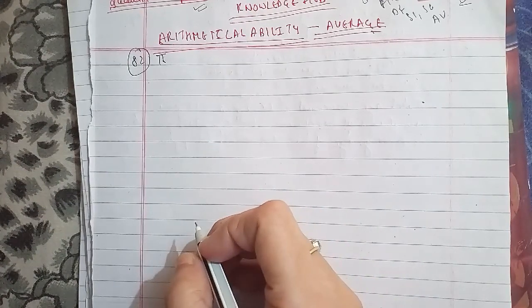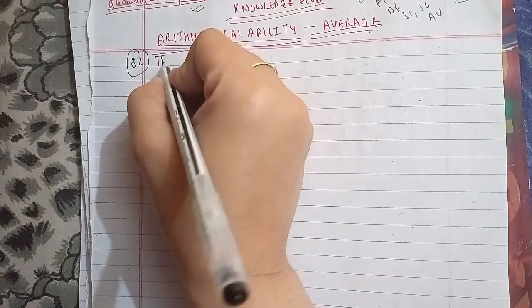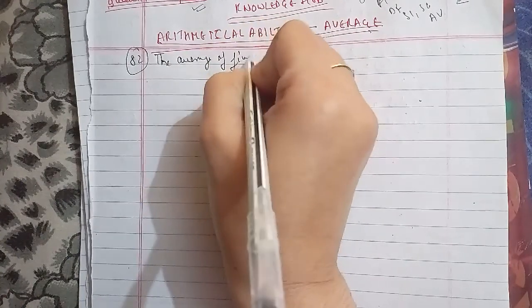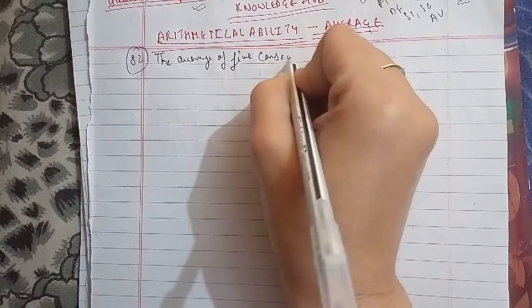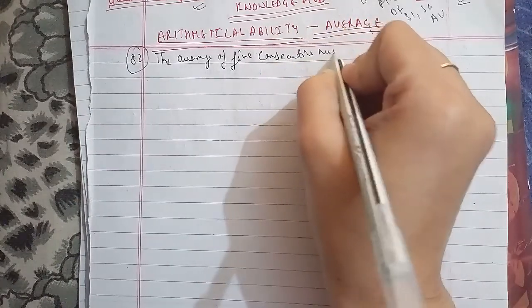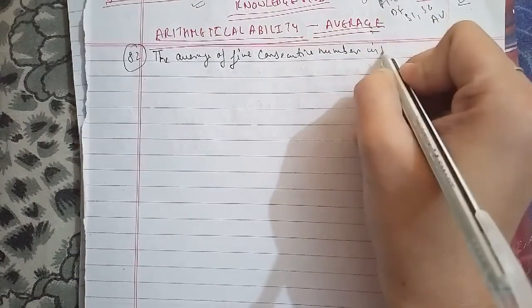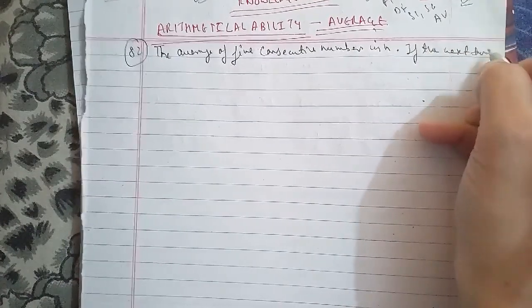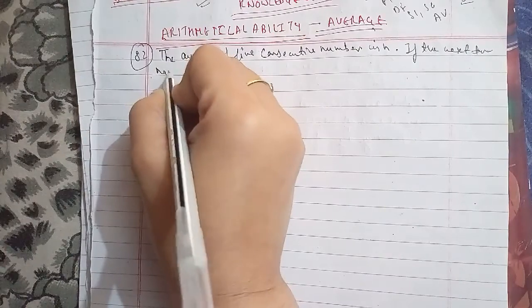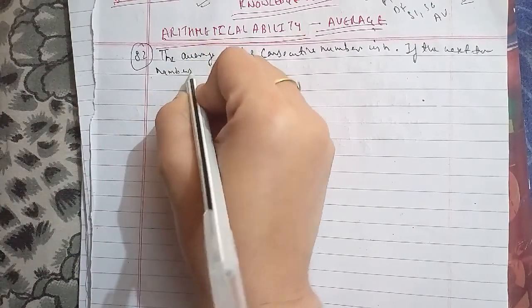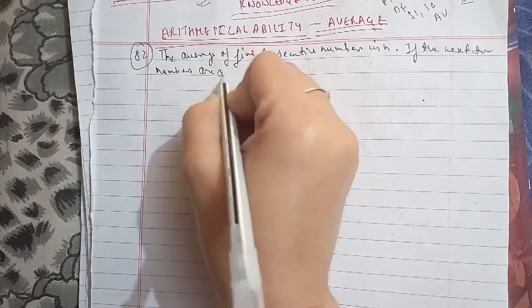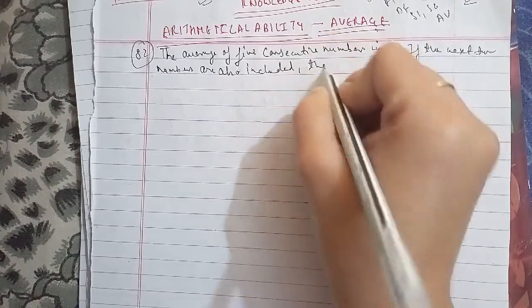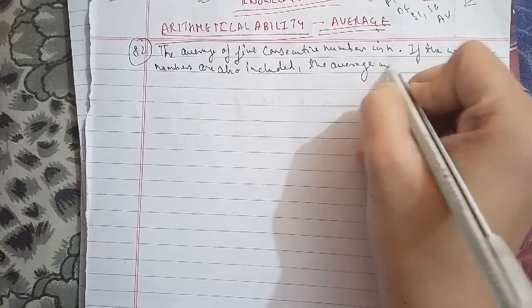The average of 5 consecutive numbers is n, if the next two numbers are also included, the average will be, that we have to find out.